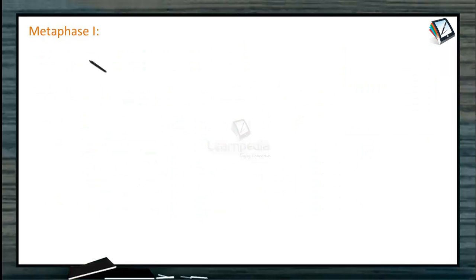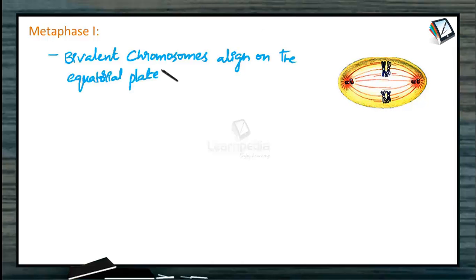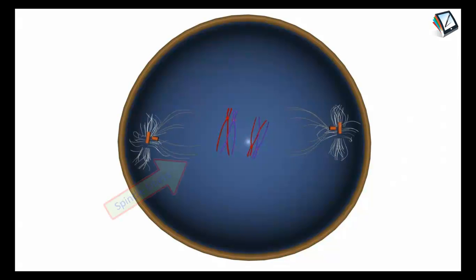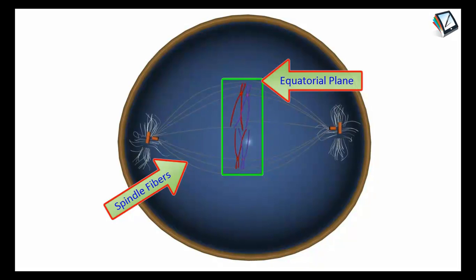Next, metaphase 1. In this phase, bivalent chromosomes align on the equatorial plate. Now see the diagram. With the help of spindle fibers, these bivalents are at the center of the cell. That is the equatorial plate.